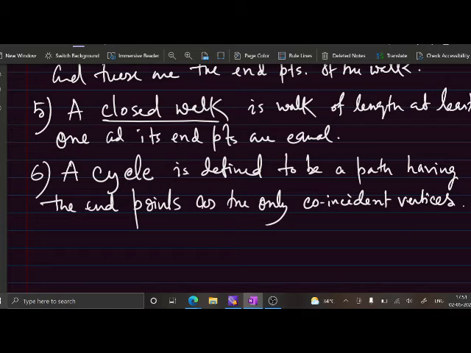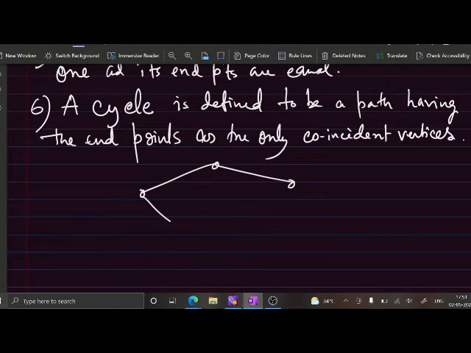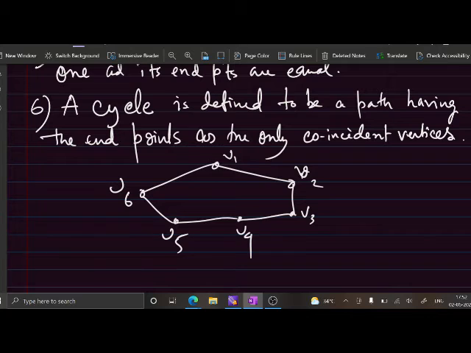Okay, that means suppose you take a graph like this, so this is v1, v2, v3, v4, v5, v6, and this is e1, e2, e3, e4, e5, e6.